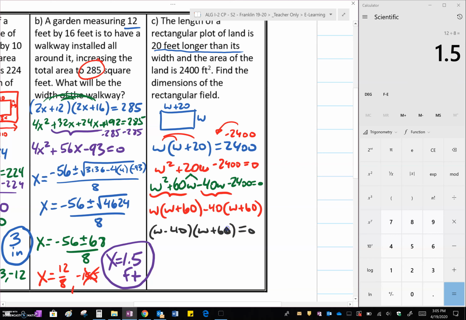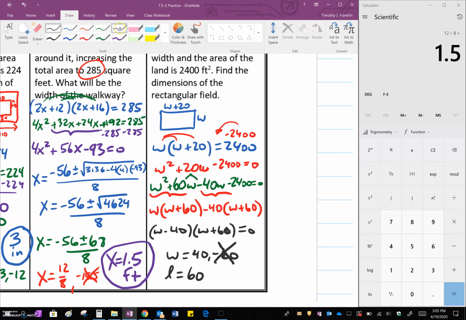So our two solutions for W are 40 and negative 60. Well, negative 60 can't be a width. So our width is 40, which means our length is 20 plus 40, so our length is positive 60.